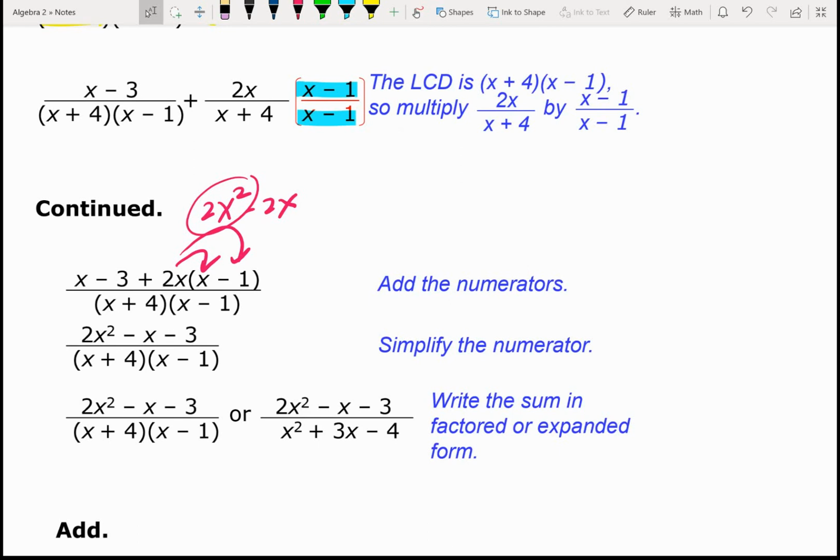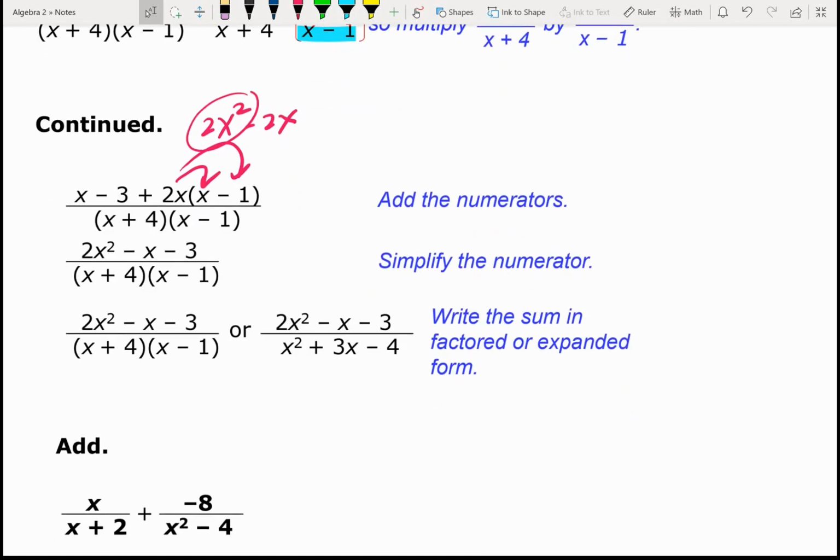to see if you can reduce your fraction. In this case here, I can't factor 2x squared minus x minus 3 to give me a factor that's in my denominator, x plus 4 times x minus 1. If I tried to factor 2x squared minus x minus 3, let's see here, 2x and x, and then minus 3 plus 1.